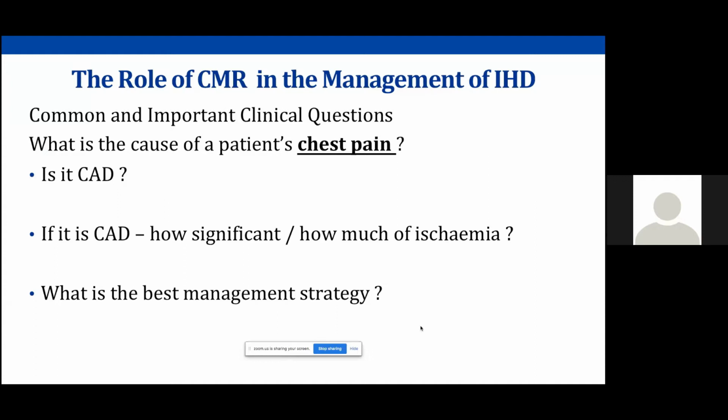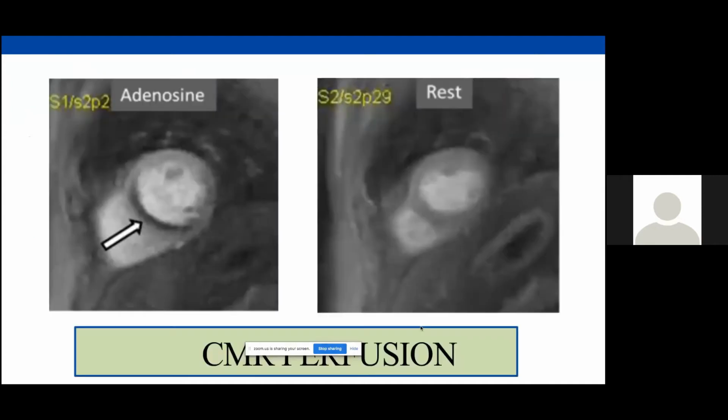In fact, this is exactly the common indication and the common question in our cardiac MR requests. Is a patient having chest pain? Is it significant CAD? If it is coronary artery disease, how significant is it? How much ischemia burden does it have? And also, what is the best management strategy? So cardiac MR can help us answer all these questions.